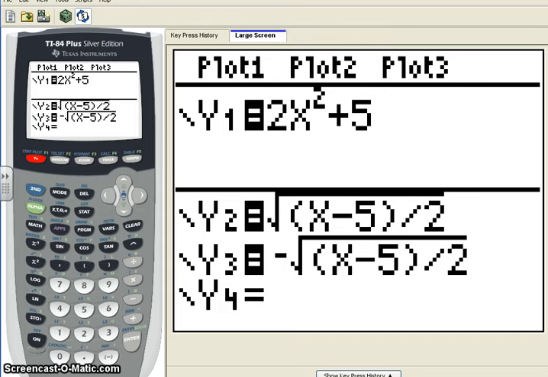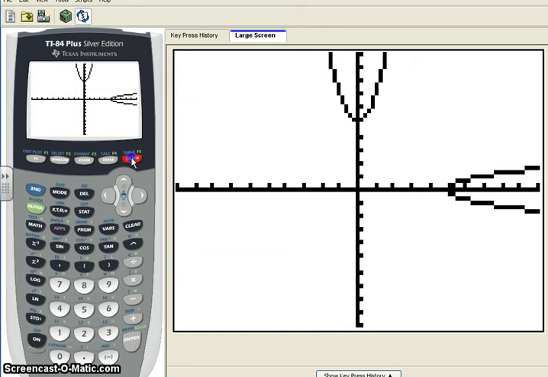And I've typed in the positive and the negative square roots here into my y equals so that I can take a look at the graph. Notice that the graph, the sideways parabola, does not pass the vertical line test. That's why the function, its inverse, is not a function. And also recall, a function and its inverse are reflections of each other through the diagonal line y equals x.